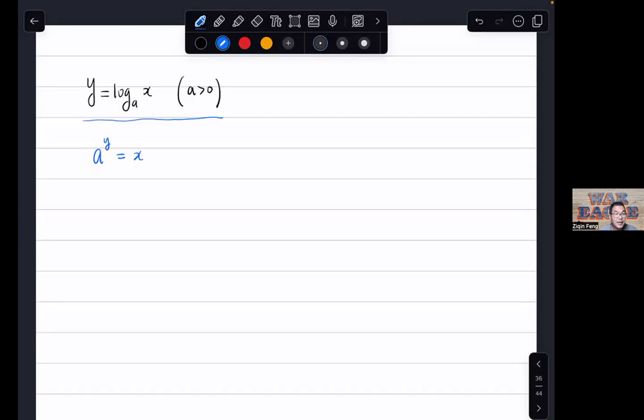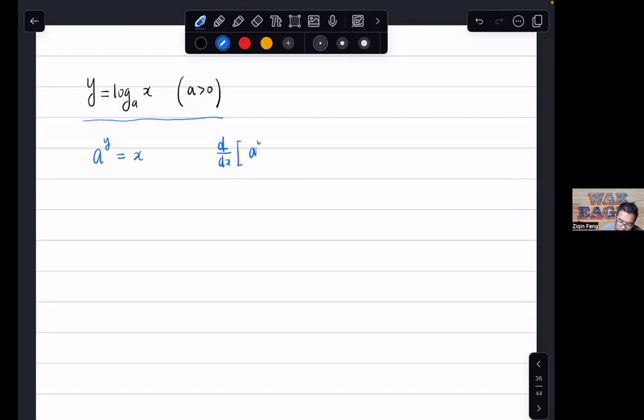Then your left side is a combination of two functions. The outer function is the exponential function. The inner function is y. We are looking for dy over dx, right? So we just differentiate both sides with respect to x.